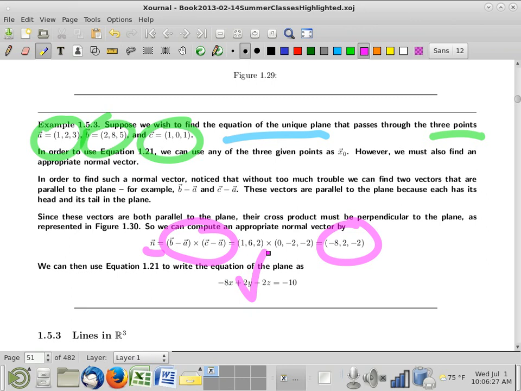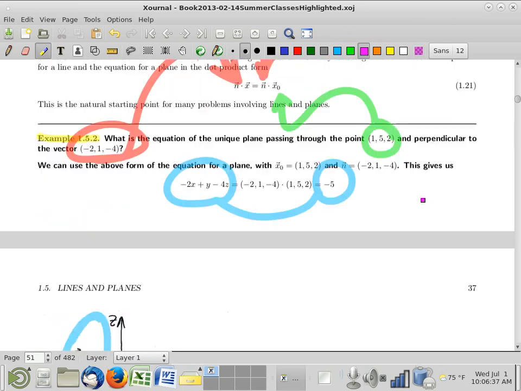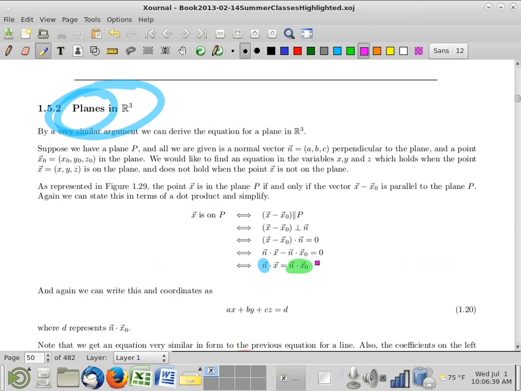Side note: which of these three points should you pick as the x-naught? Doesn't matter, right? In some sense, what the equation of the plane says is that for any vector in the plane, doesn't matter which one, the dot product with the normal vector will always be the same.